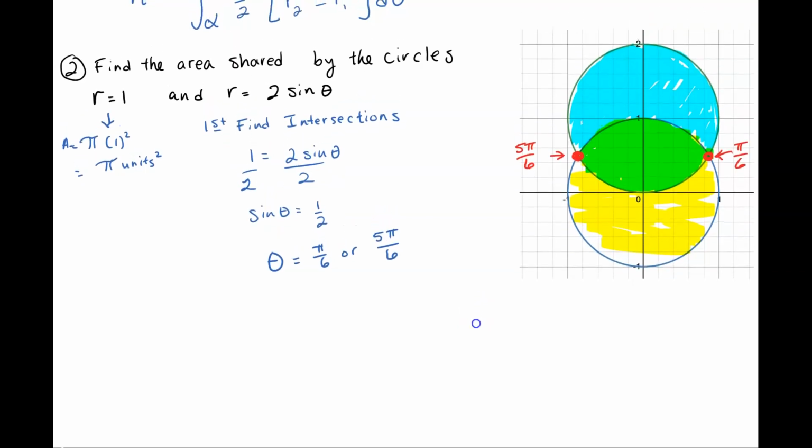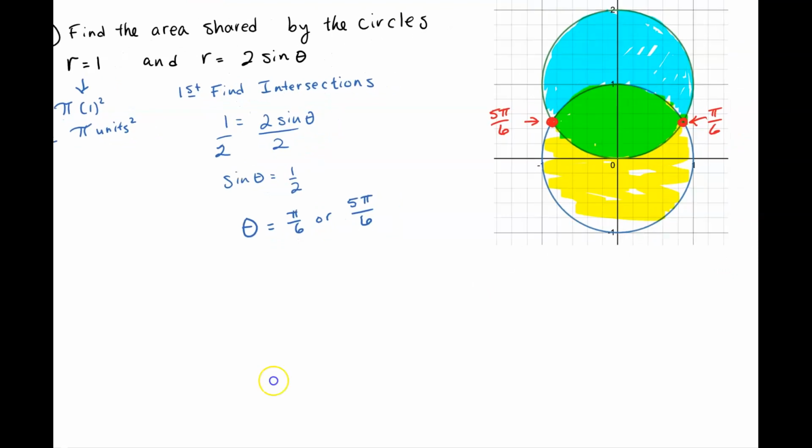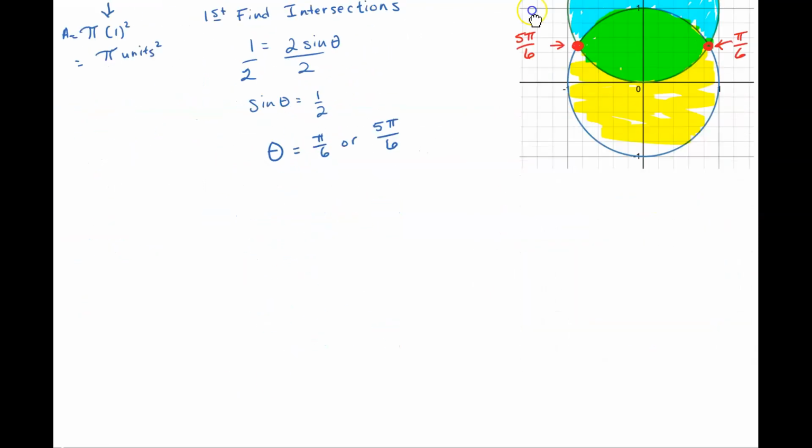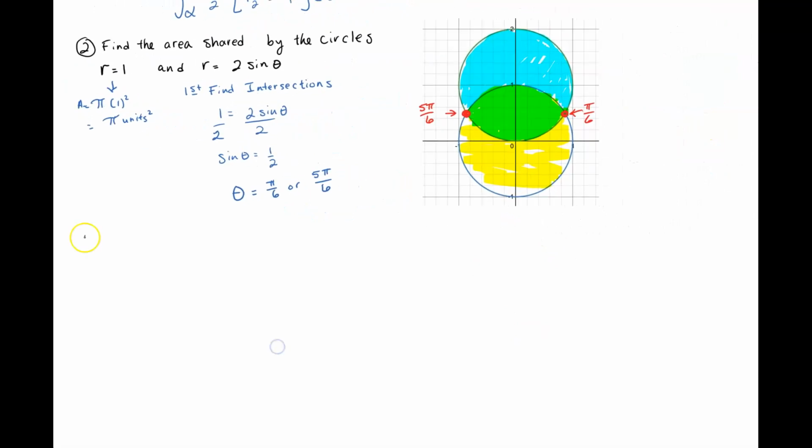So remember, we're going to subtract from the yellow circle, which was an area of pi units. So let's find this area. The area is going to be that pi units, all right, minus this area from pi over 6, of course, to 5 pi over 6.